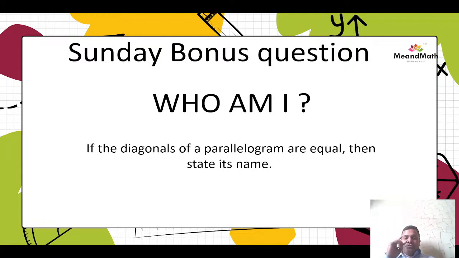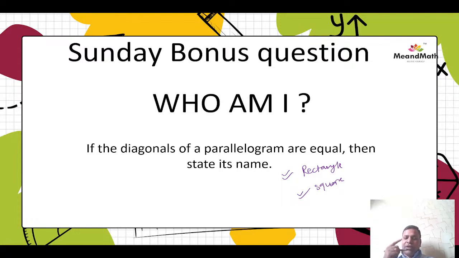So if you remember, I'll give you two names: rectangle and square. These two parallelograms have diagonals equal, rectangle and square. There are two answers: rectangle and square.